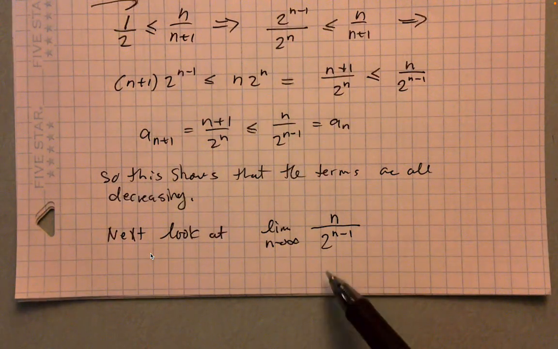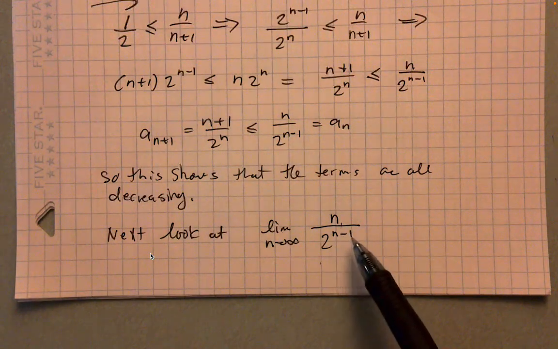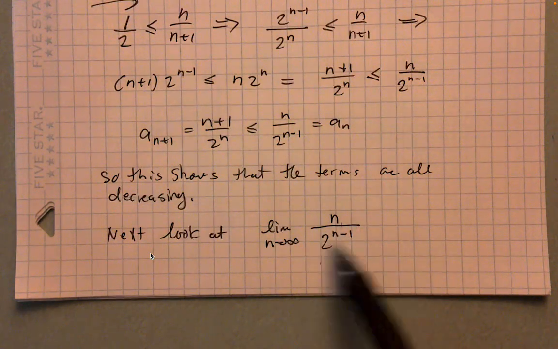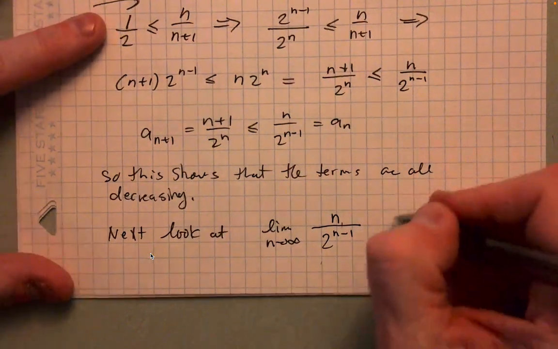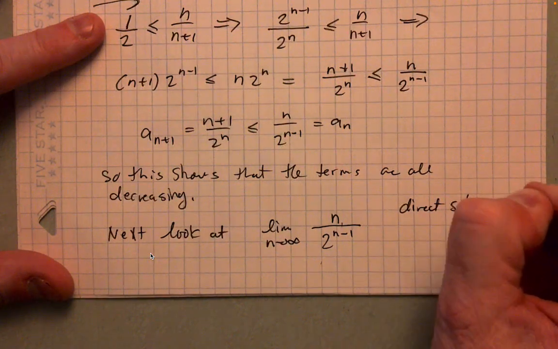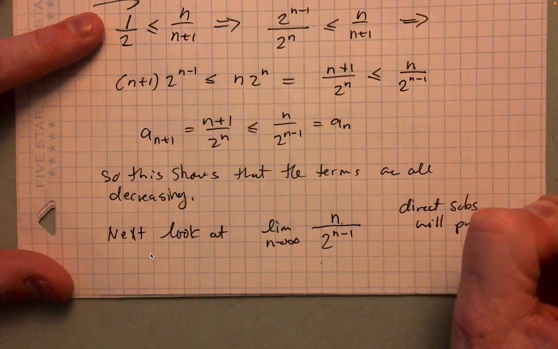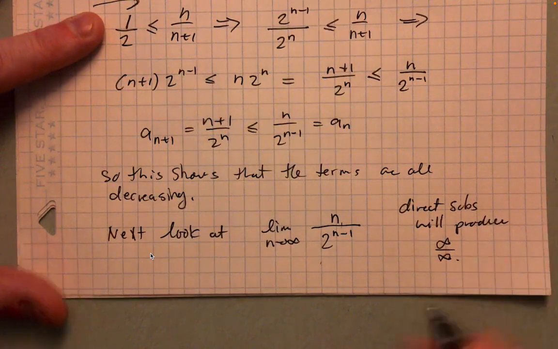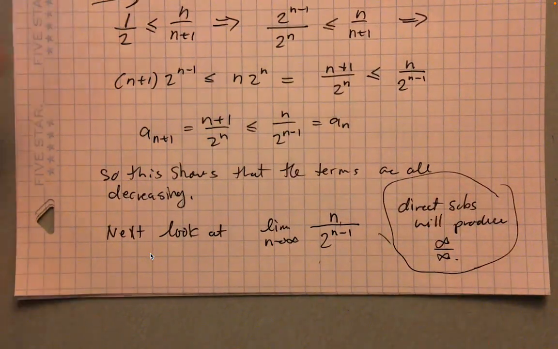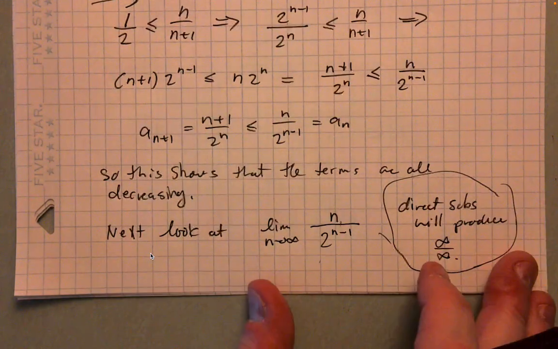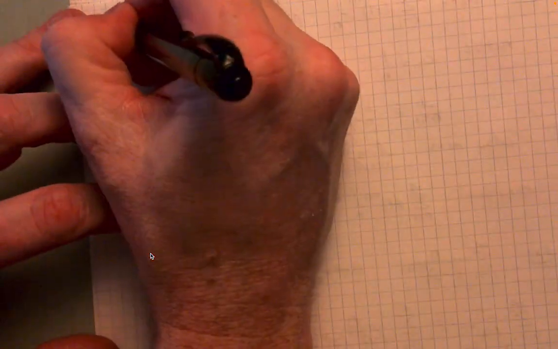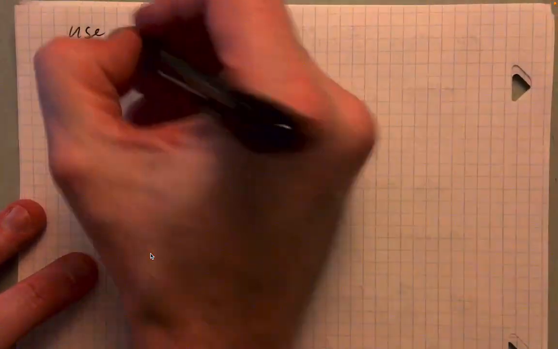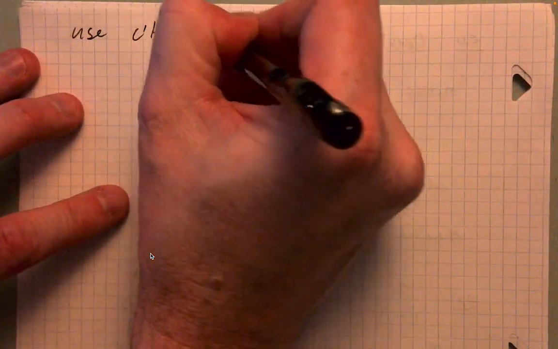Now, when you think about this limit, you can see that direct substitution will produce infinity over infinity, which is an indeterminate form. And so one of the ways to deal with this is to employ L'Hopital's rule. Okay, so we want to use L'Hopital's rule here.